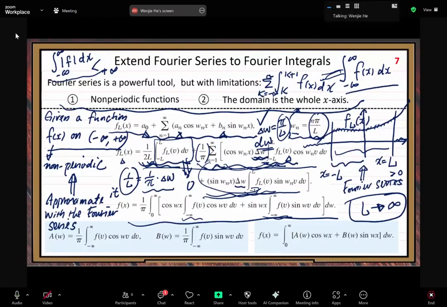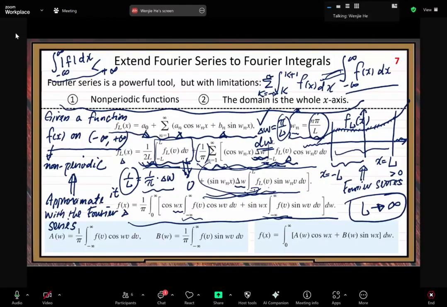The n variable changes. So we use the variable w times x, because x here we treat as a fixed number. Given f of x, we evaluate the f value at x, so we fix that x value. Inside this integral, x is fixed and w is variable. W changes. So the Wn x is replaced by the variable w times x.